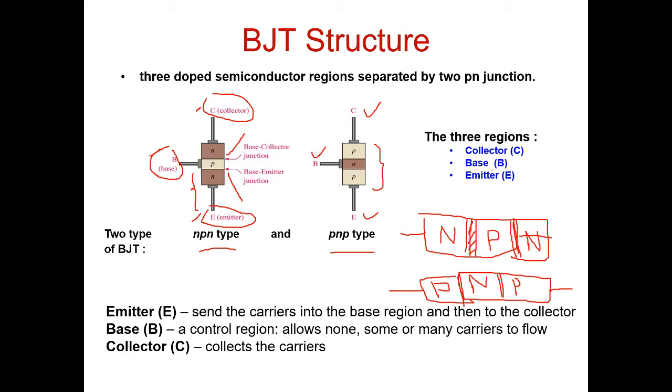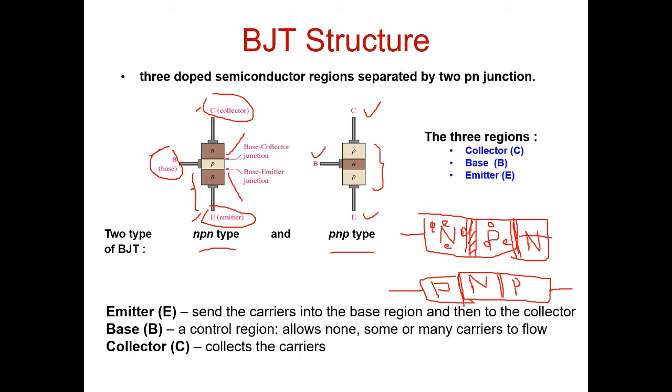So the emitter will send the carriers. The carrier means if this is n-type, it will have more free electrons or more holes. If you remember in diode, for n-type, you have more free electrons compared to holes, right? So if p-type, you have more holes compared to free electrons.